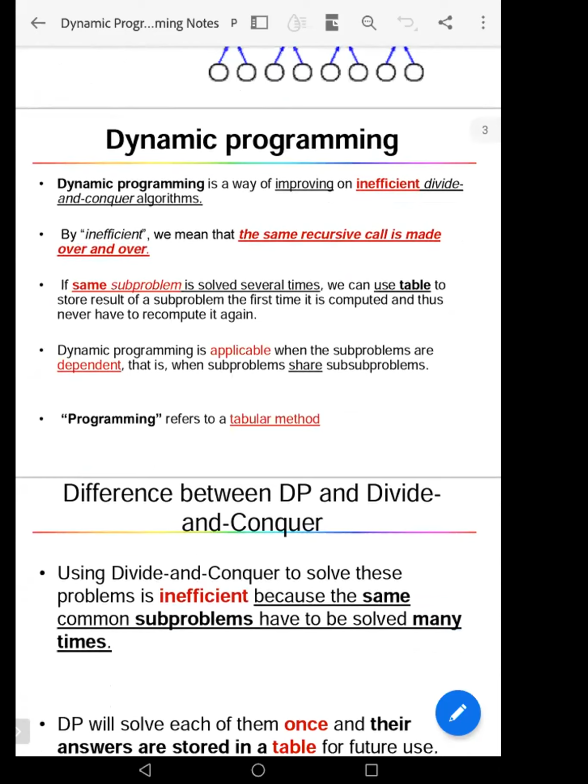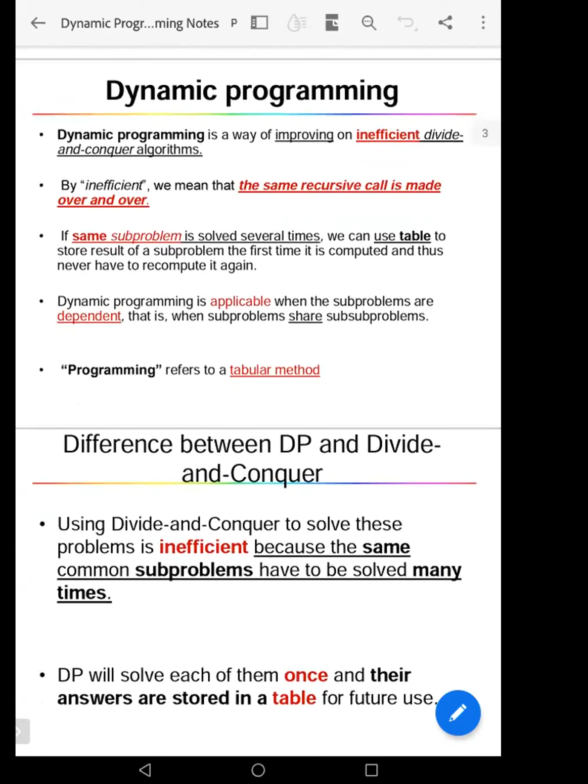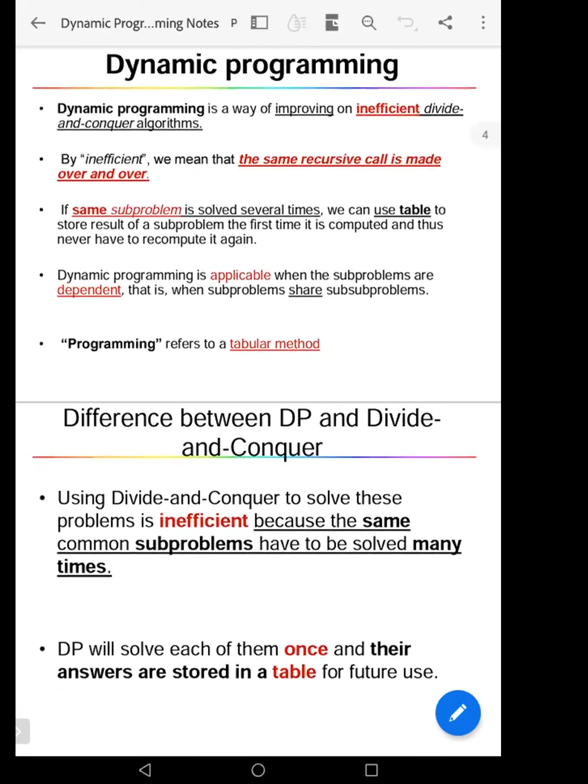So we do not like that; every time the same function is called repeatedly. If the same subproblem is solved several times, we can use a table to store the result of a subproblem the first time it is computed, and thus it never has to be recomputed again. So once the subproblem is solved, we store the result in the table so that next time we need not calculate it again.